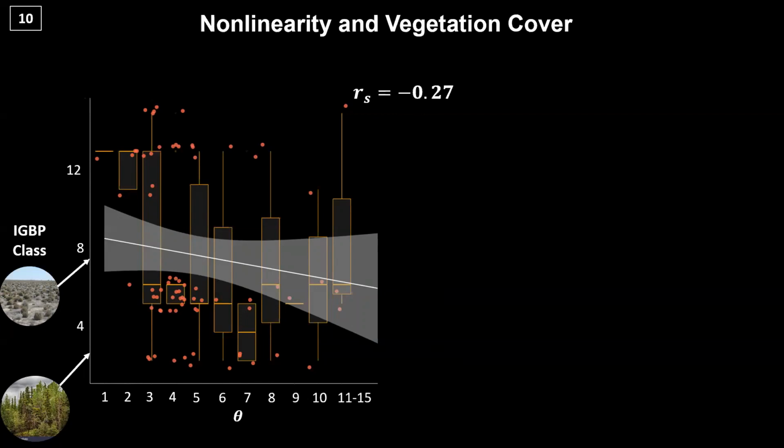However, at the same time, it promotes infiltration and groundwater recharge, leading to higher runoff during the dry season. In other words, the presence of vegetation leads to complex state-dependent nonlinear behavior. And this hypothesis has been examined in a number of previous studies.